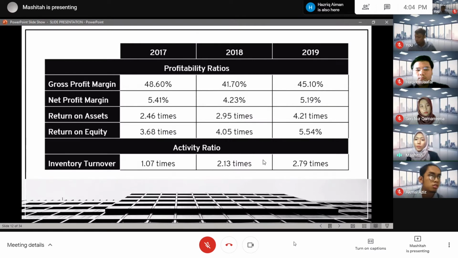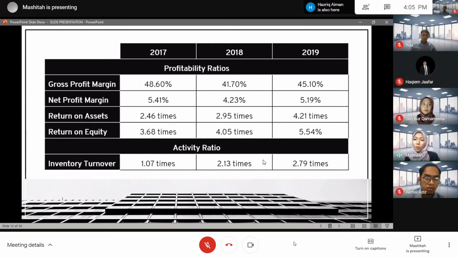The gross profit margin in 2018 becomes the lowest, which is 41.70%, because of the rising material costs and unfavorable foreign exchange rates in 2017. Next, for the net profit margin, the lowest is during 2018, which is 4.23%, which is also due to the net foreign exchange losses of 7.7 million ringgit.